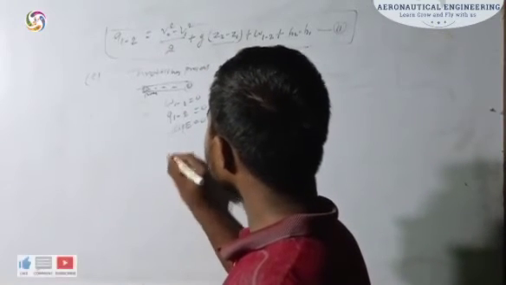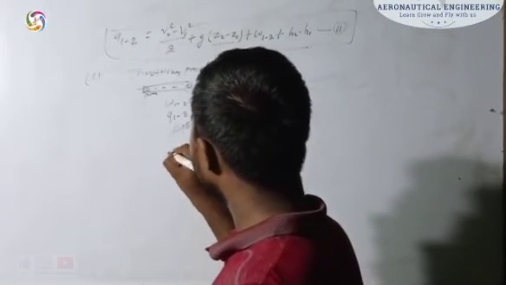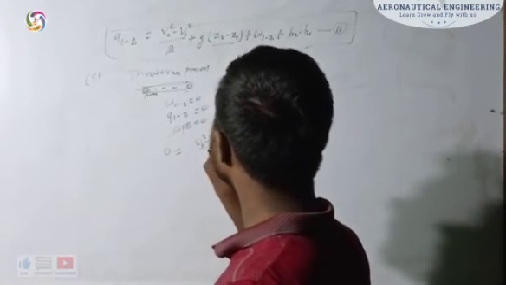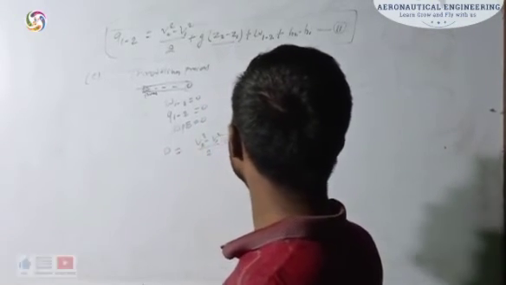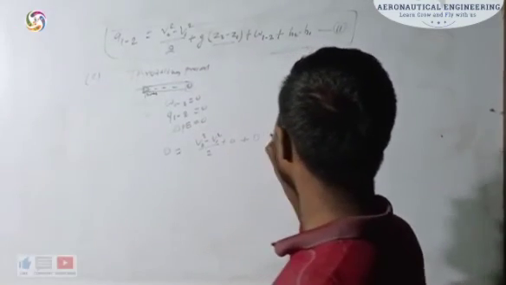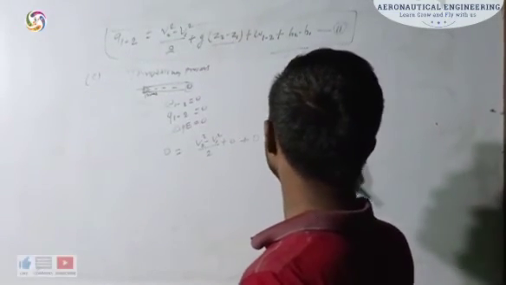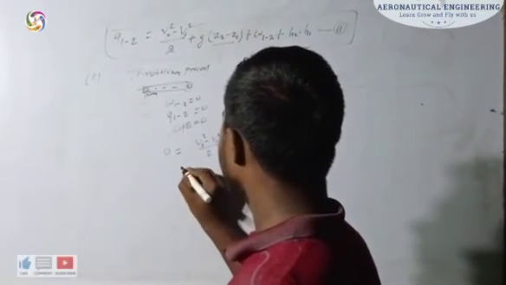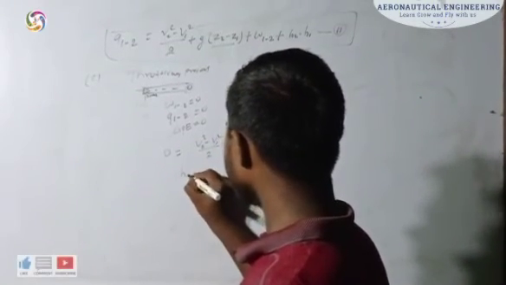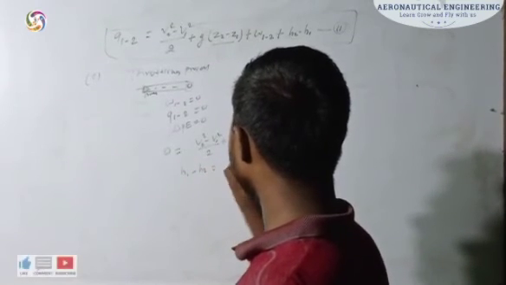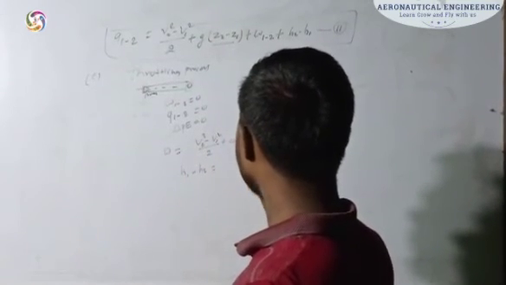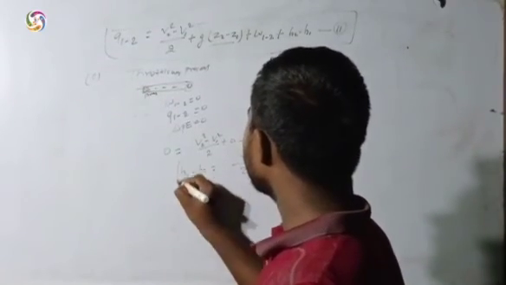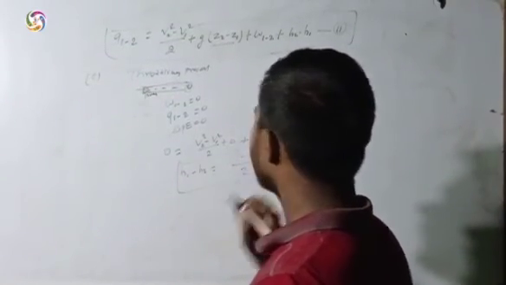So 0 equal to (V2 square minus V1 square) by 2 plus this one 0. Work done is also 0 plus H2 minus H1. H1 minus H2 equal to (V2 square minus V1 square) upon 2. So this one is the steady flow equation in case of throttling process.